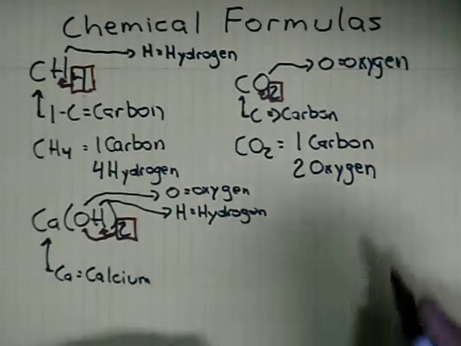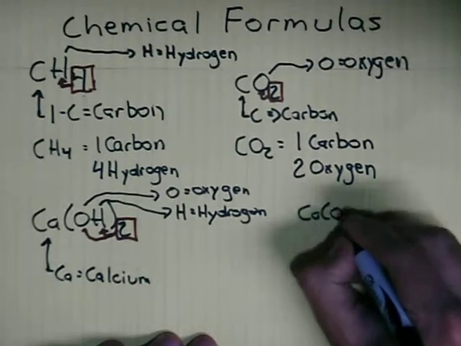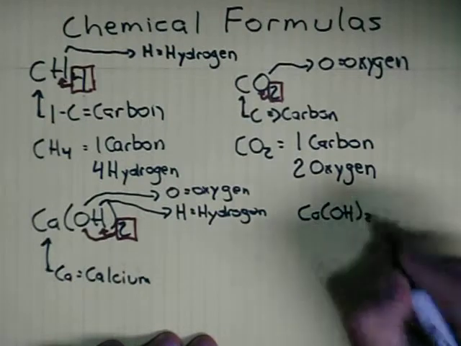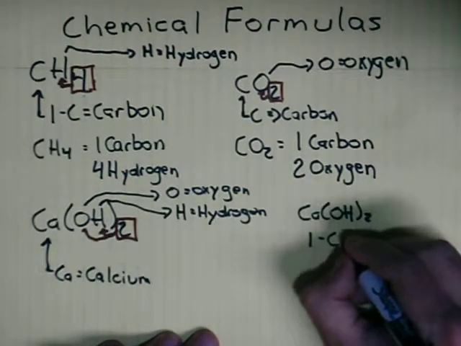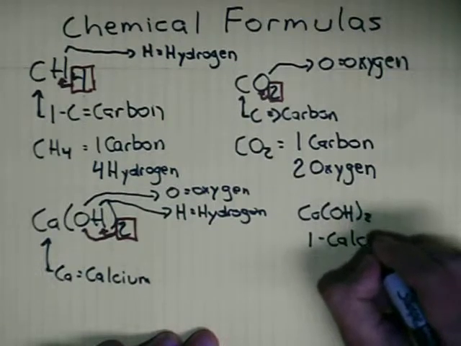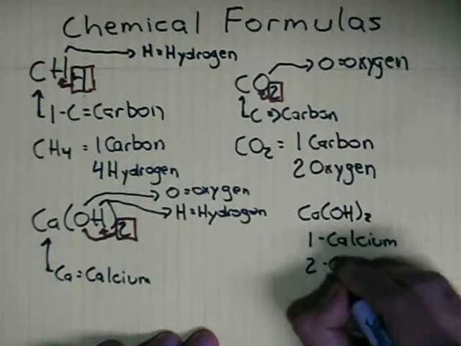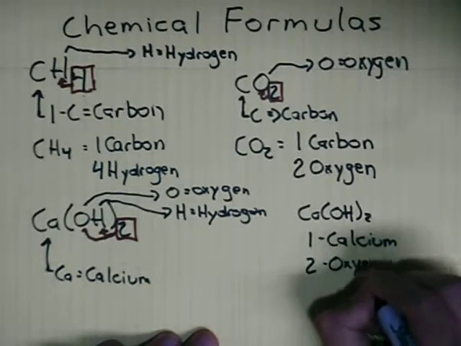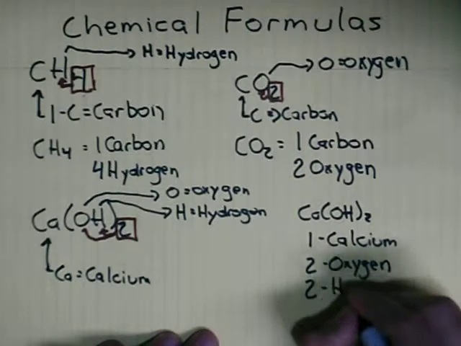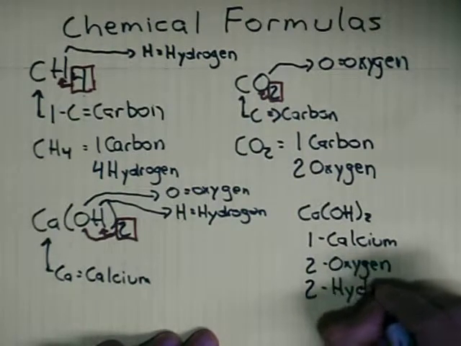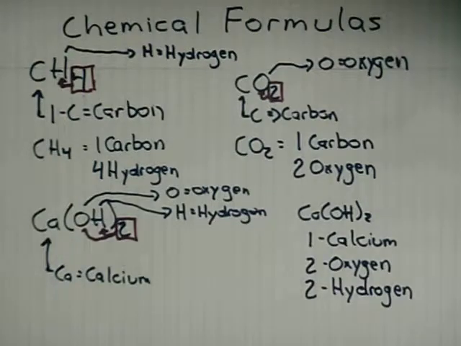So if we write calcium hydroxide, what we have is 1 calcium, 2 oxygen, and 2 hydrogen. That gives us calcium hydroxide.